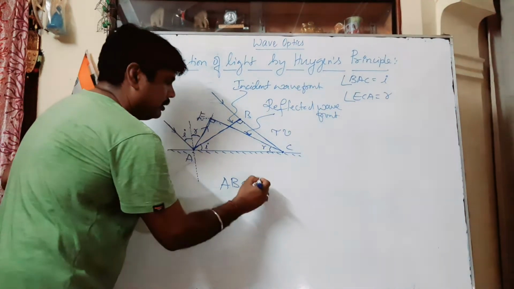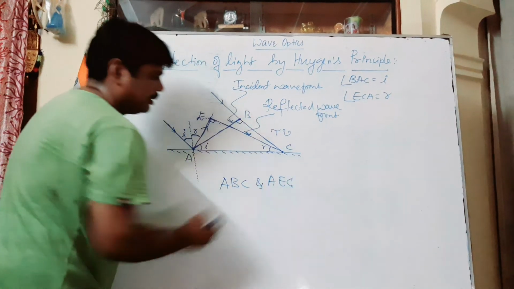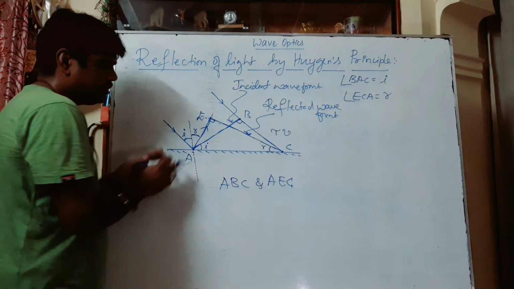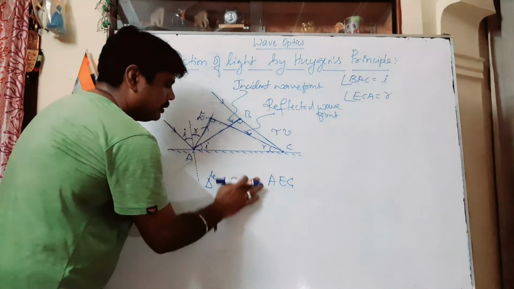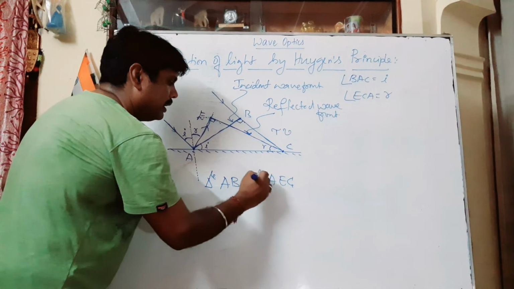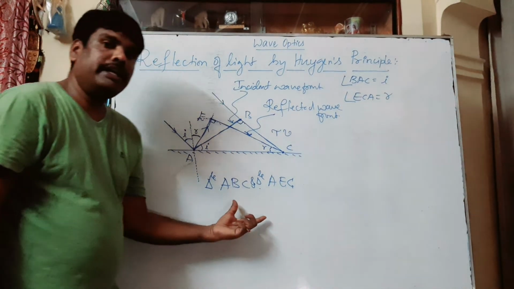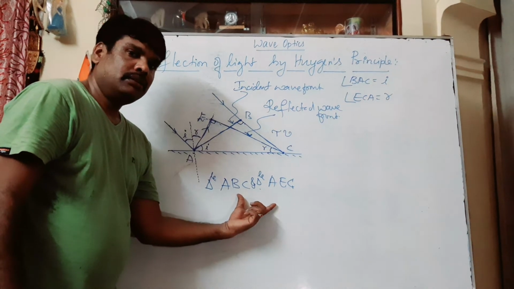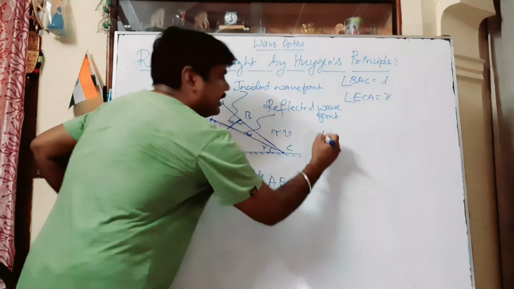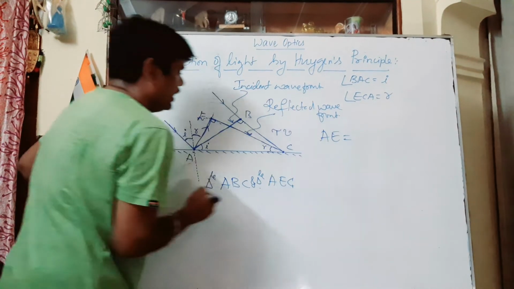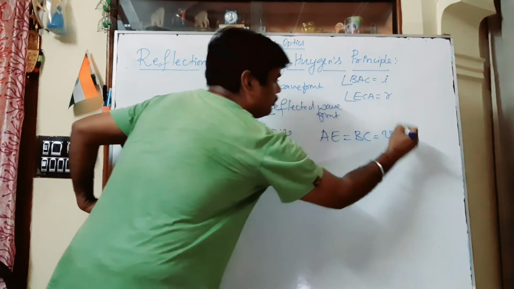So the next triangle is AEC. So there are two triangles, triangle ABC and triangle AEC. These two triangles are exactly congruent in nature. Congruent means this distance AE in the first triangle is exactly equal to BC, which is equal to V into tau.